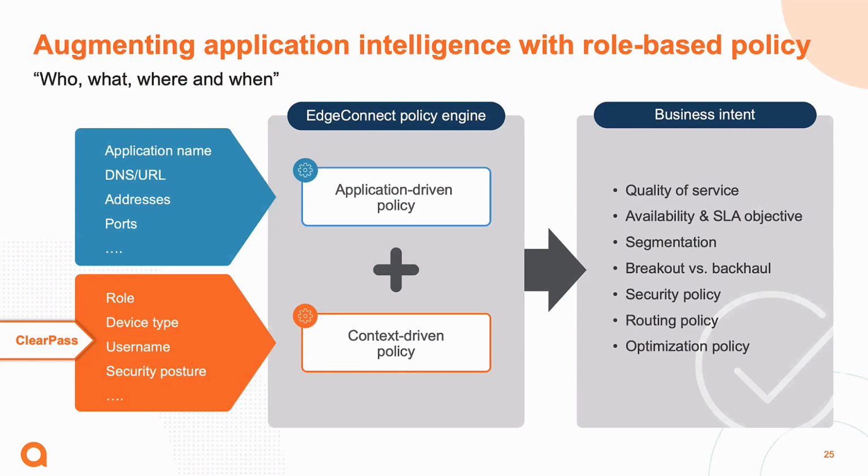When you see the demo, it's an addition to what we call the business intent overlays. It fits really well within our framework, where application identity was our core currency. We've augmented that with information from ClearPass on device type, users, and roles. All of the downstream policy capabilities are available to that augmented identity of the device and the traffic, whether it's quality of experience, segmentation, or security.